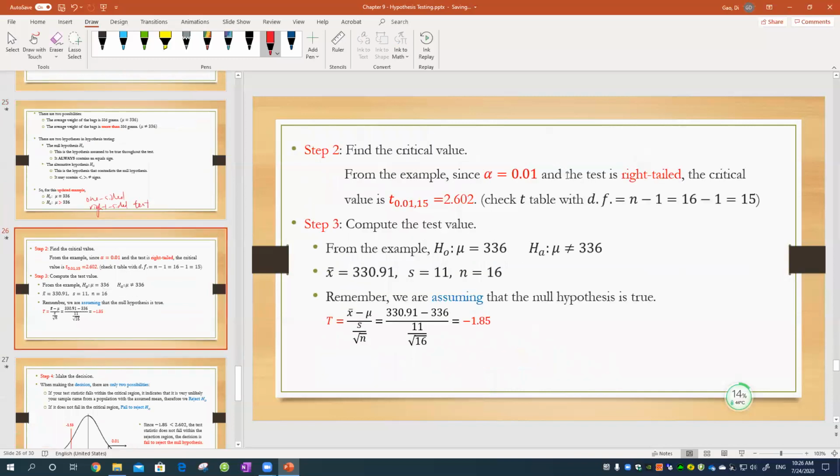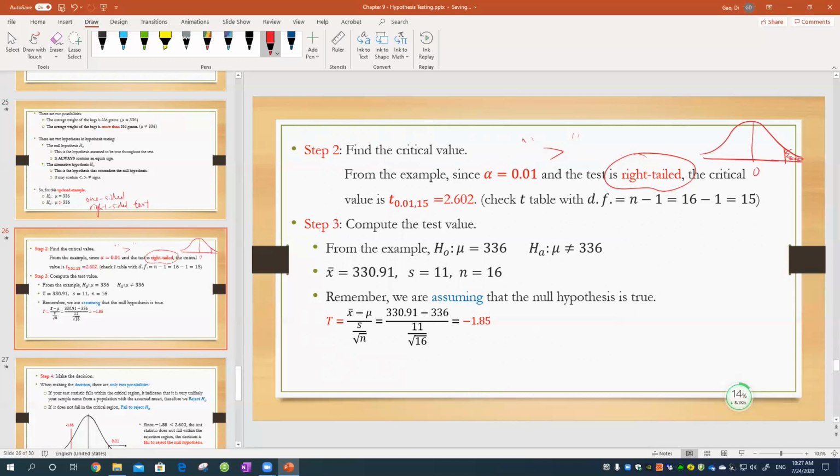In step 2, we want to find the critical value. From this example, the first thing to look at is alpha, which is 0.01, and the sign of the alternative hypothesis, which is more than. So again, right-tailed. We draw a bell-shaped curve, which is t now, centered at 0.